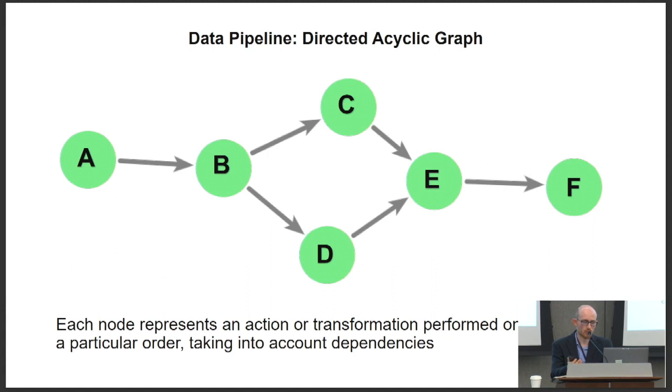So those are what the nodes are. The arrows represent dependencies. So every action has dependencies as well. B depends on A, C depends on B, E depends on C, and F depends on E. Now, if you compare this to, let's say, a Jupyter notebook with 6 chunks of code, A, B, C, D, E, F, we run them in sequence.